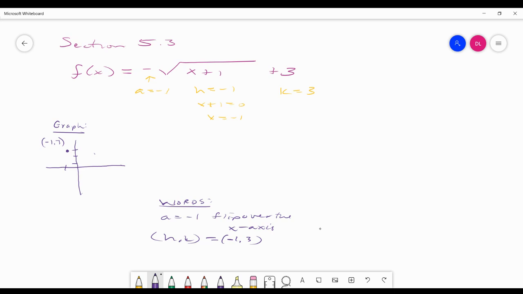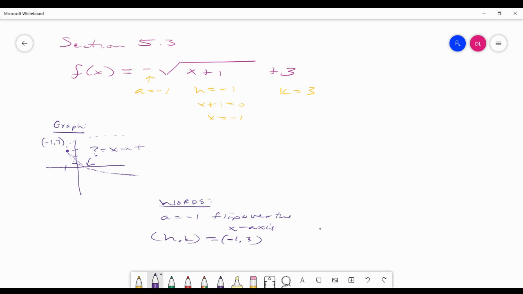So we've got those pieces right here. And we also said it flips over the x-axis. So instead of our graph going this way, we know our graph is going to go this way. So we know it's here somewhere, right? We know it's going like this. So we would like to find where it crosses. We don't know where that x-intercept is.